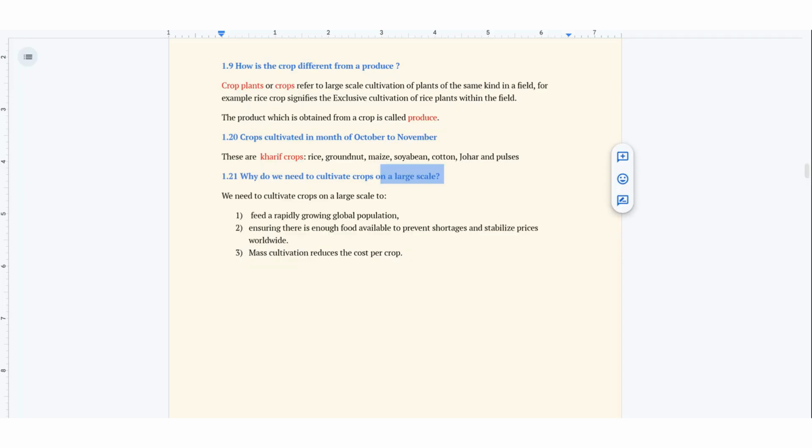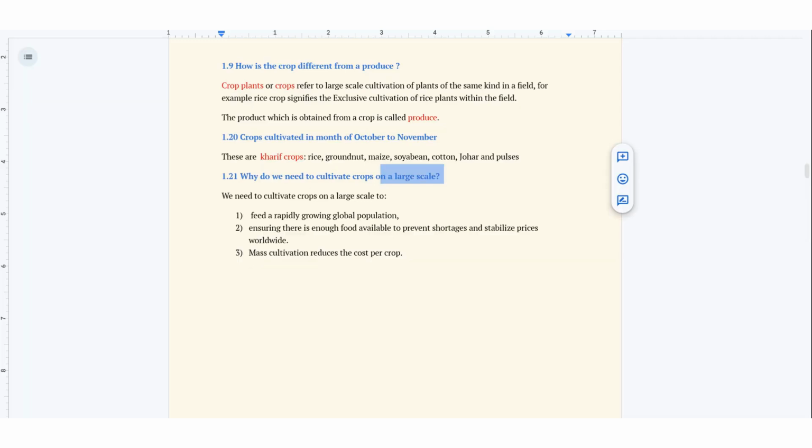It is the most populated country in the world. Then we have to feed the entire population. So what we do is we produce the crops in a larger scale, or we plant the crops in a larger scale to get a heavy production.